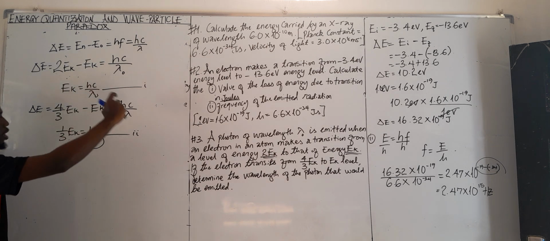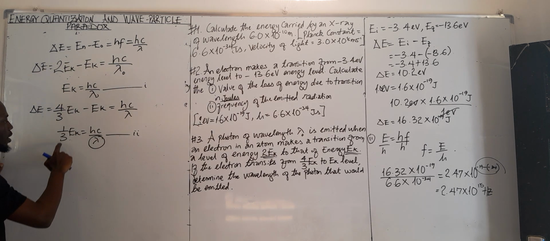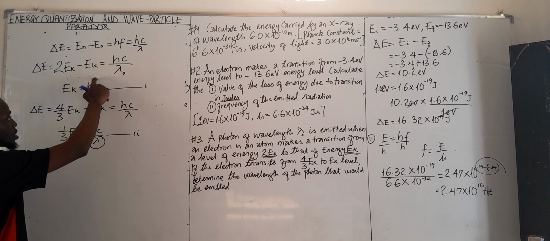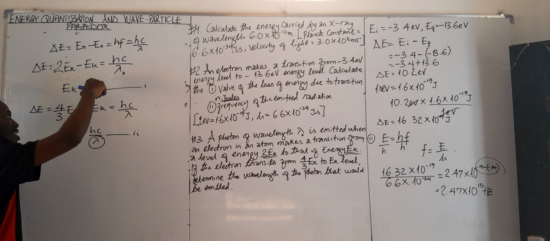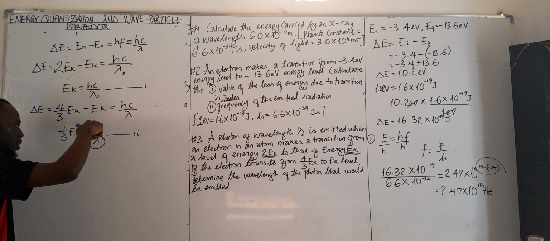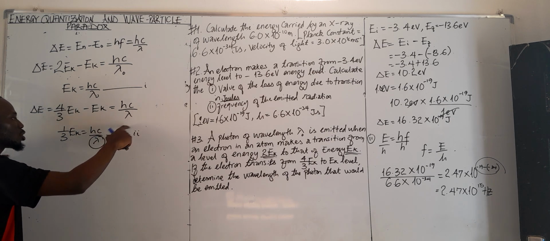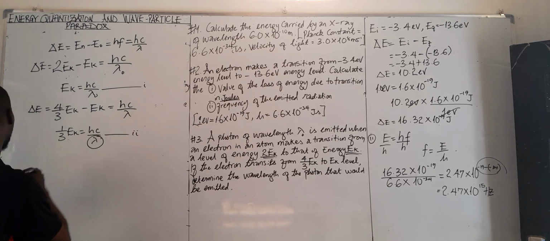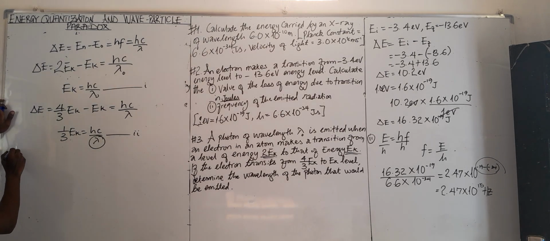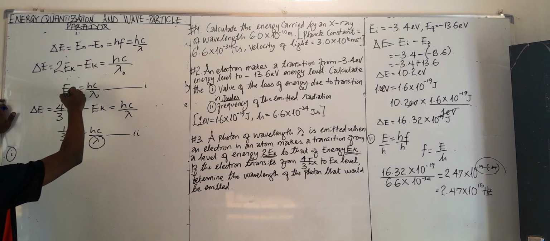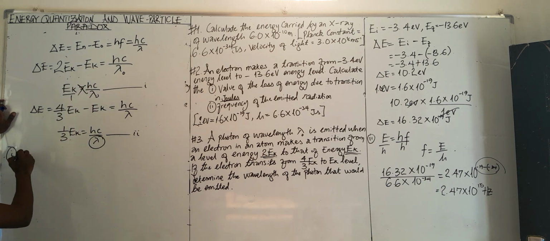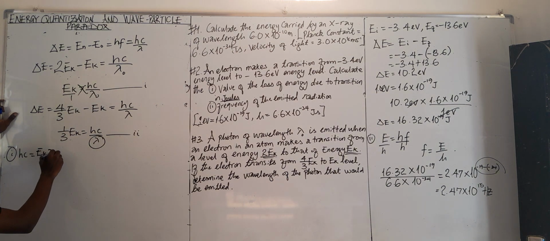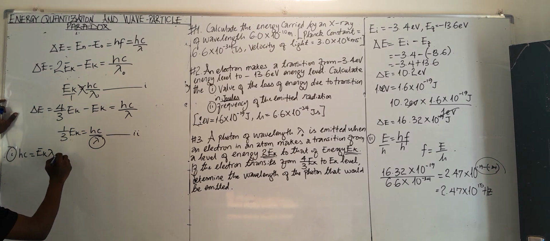Okay, welcome back. We have EK here, we have 1/3 EK. They are not the same thing. We have hc, that is Planck constant times speed of light, and then we have Planck constant times speed of light in the second equation. So we can make hc the subject in equation 1. If I cross multiply, hc equals EK lambda naught.